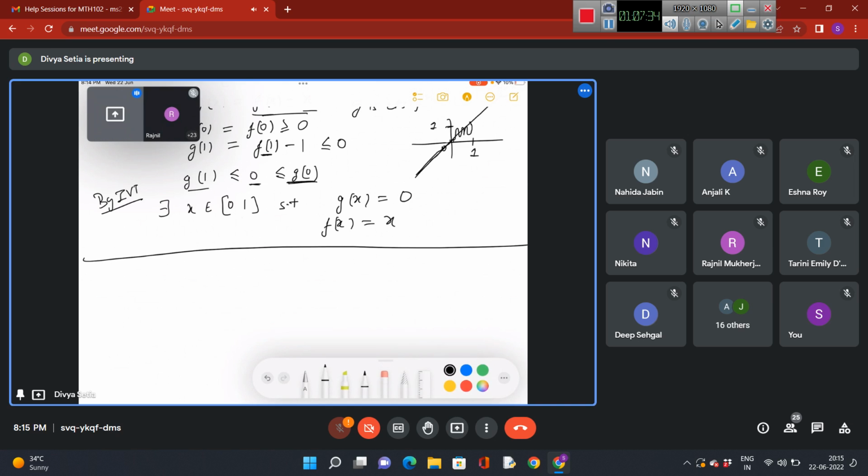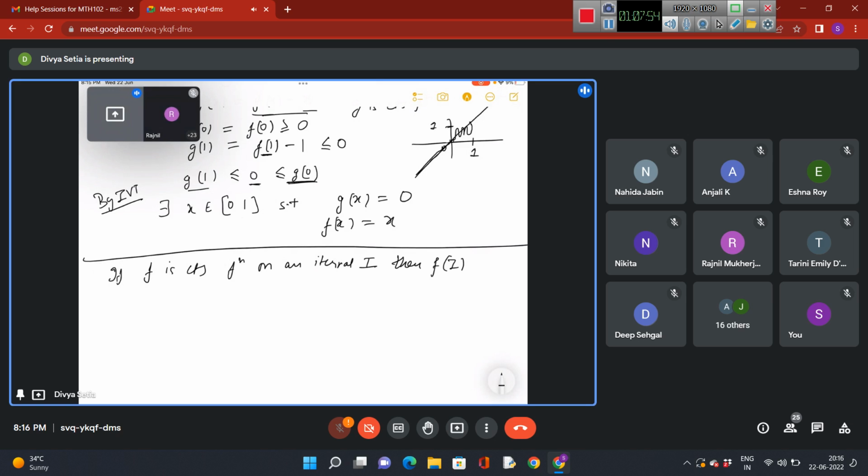Meanwhile, you can try out this thing: if f is a continuous function on an interval I, then the image f of I is also an interval, or a single point.